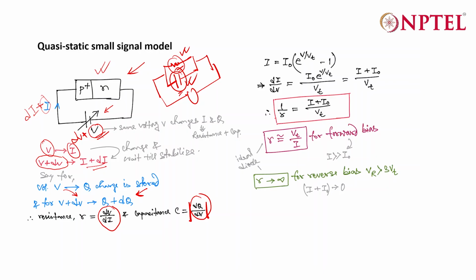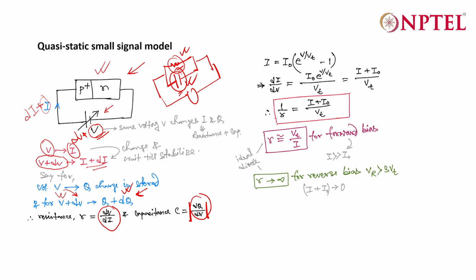I hope this is already clear that once you have a V, there will be a flow of charge. Now if you change the voltage by dV, you can also expect a change in the flowing charge, which is dQ. That's why we said that V plus dV will also cause a charge Q plus dQ.